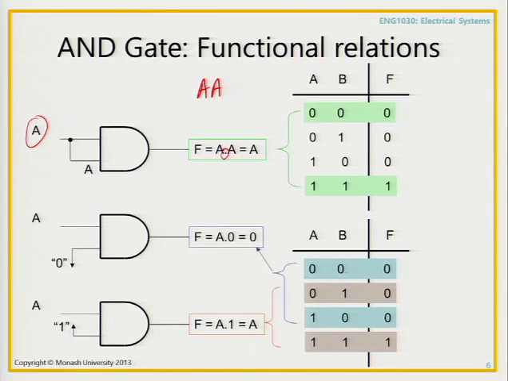So if you put A and A together, this means that if A is a 0, then the output is going to be a 0, and if A is a 1, then the output is going to be a 1.